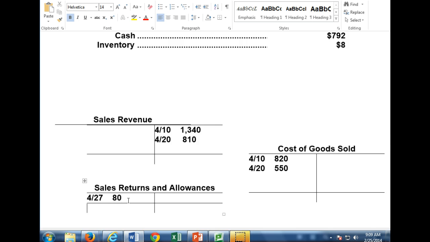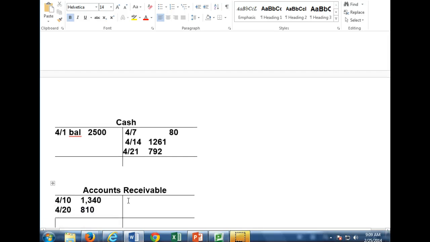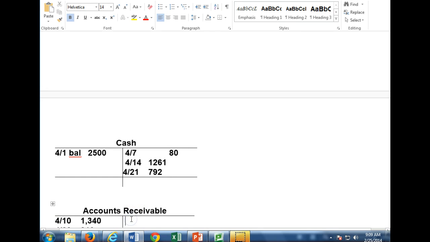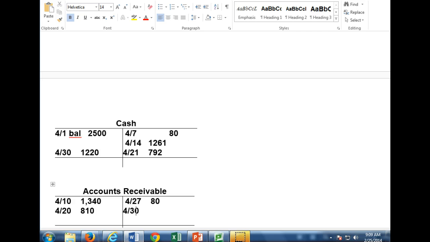Accounts receivable of 80. And then what else? Cash debited $12.20 on the 30th. Okay, and what else? Accounts receivable debited $12.20 on the 30th.